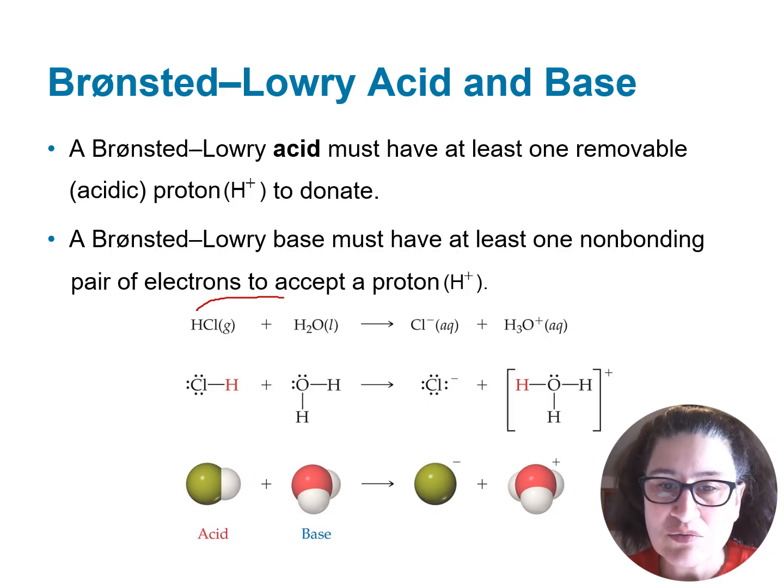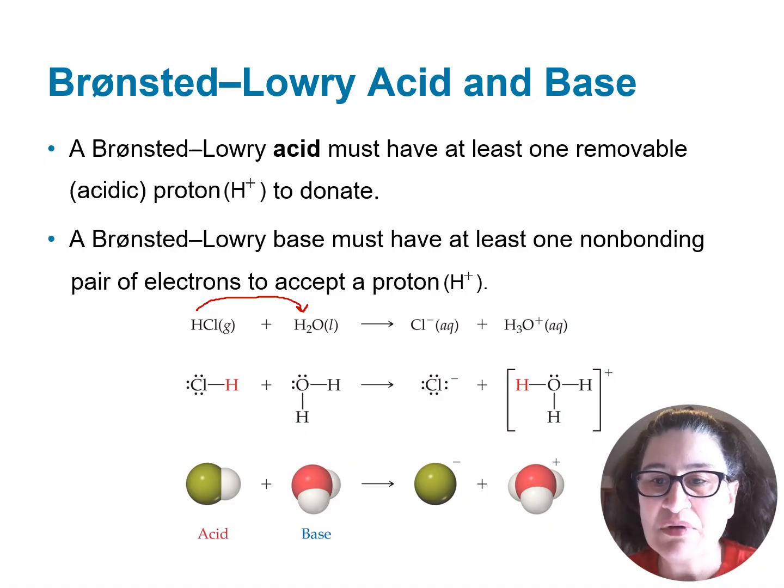That H went over here and went to the water. That way, all that was left was the Cl minus, and then the water gained it, making H3O plus. Since we made H3O plus, this is the definition of an Arrhenius acid. So HCl is acting as an Arrhenius acid, and it's also acting as a Bronsted-Lowry acid.